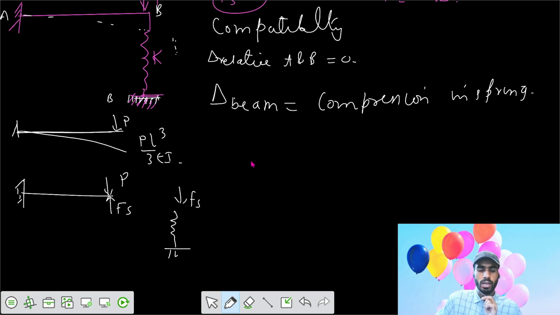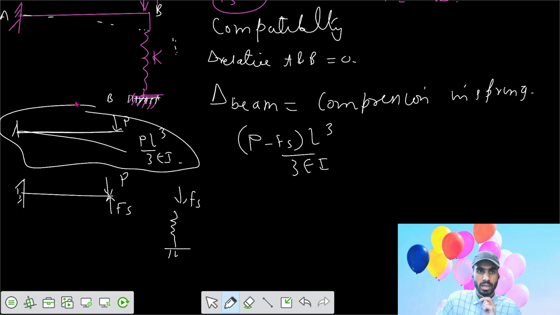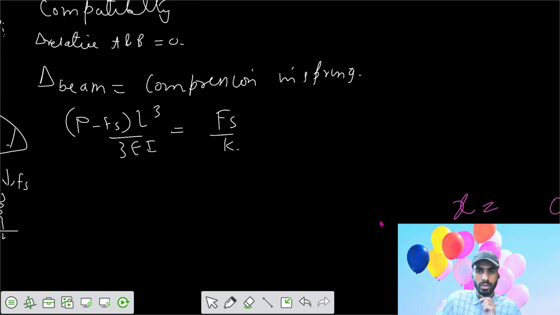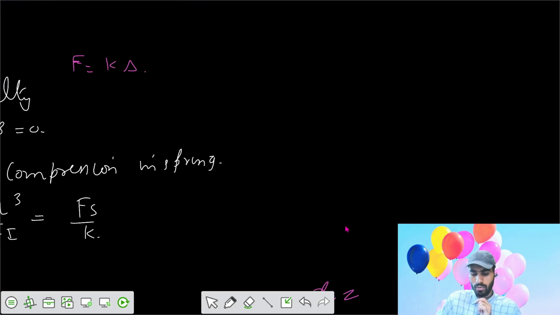So we can write that P minus Fs into L cube by 3EI, equals Fs by K. Then you calculate the value of Fs from this result. Then say we have one more problem about the same concept.